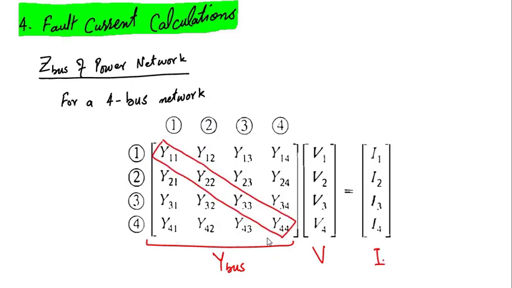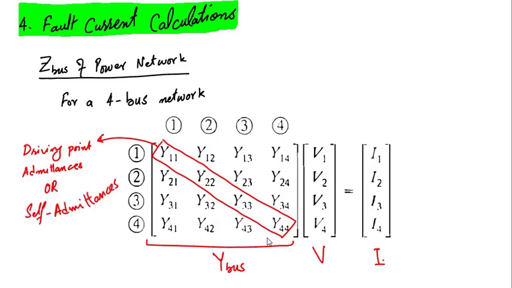The diagonal entries of this matrix are known as the driving point admittances, or we also call them the self admittances. How do we write these diagonal entries of the Y matrix?